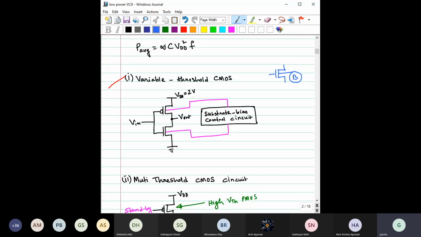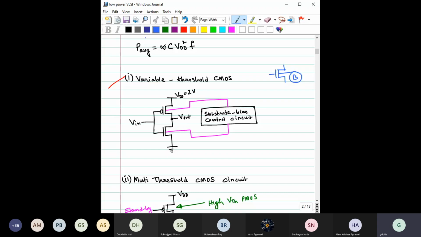Rather, they are connected to a substrate bias control circuit. This circuit changes the bias voltages so that you can alter the threshold voltage of this PMOS as well as of this NMOS. Now, how can you do it?